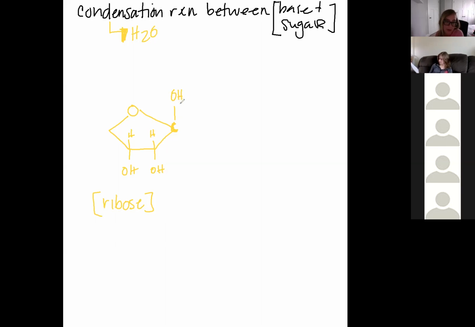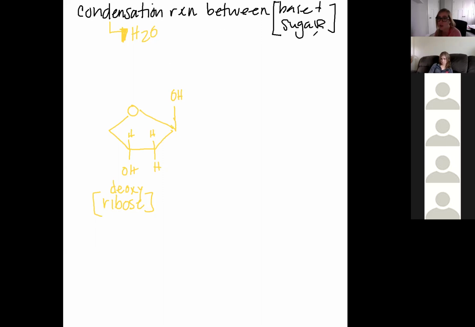That's deoxyribose. For this OH to occur, it could be on deoxyribose. So deoxyribose looks like this. We have an OH group right here.